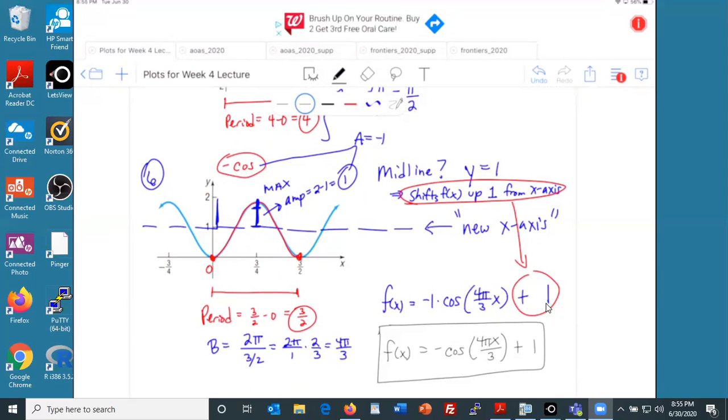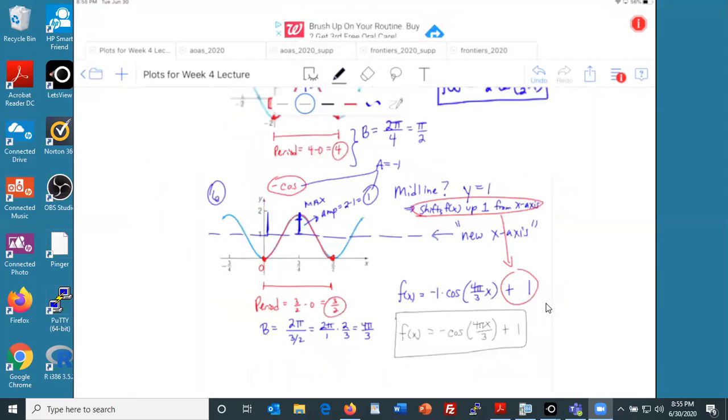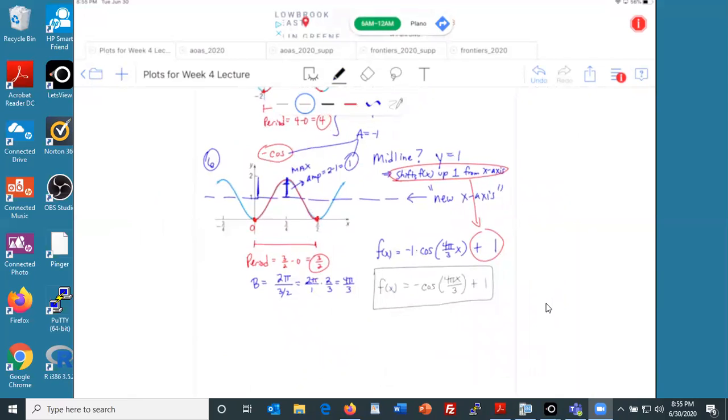All right. So to summarize, we would have f of x equals a times cosine or sine of bx plus d.